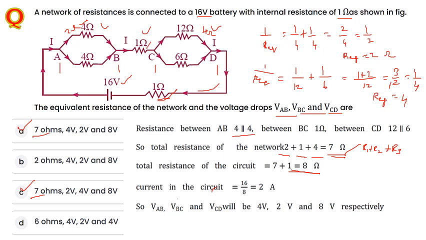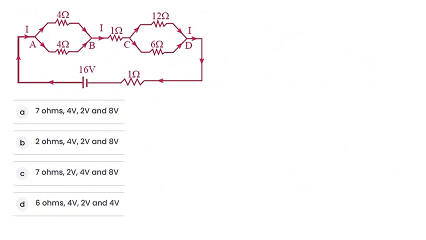Using Ohm's law, V is equal to IR, so I is equal to V divided by R. The voltage they have given is 16, and the total resistance is 8. So the total current crossing the network is 2 ampere.